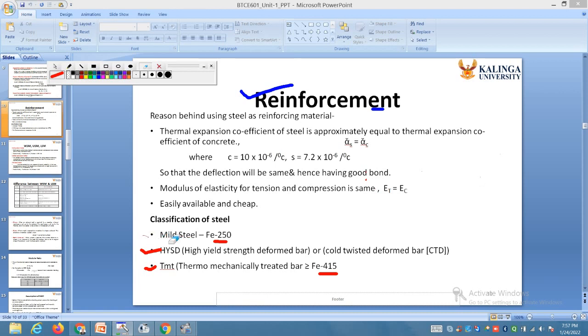In the Indian standard code of practice, you will see the same things mentioned regarding the reinforcement, and how the standard practice should be to use these reinforcements. So in short, there are two types of reinforcements: mild steel and high yield strength deformed bars or CTD bars or TMT bars, whose yield strength is greater than 415 megapascal.